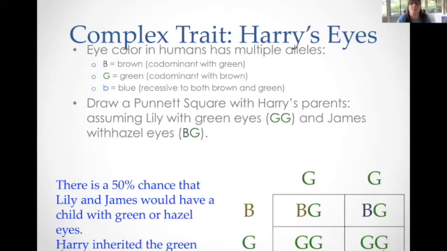So the dad had brown and green eyes, and then the mom has green eyes. So there was a 50% chance that Harry would have hazel eyes and a 50% chance that Harry would have green eyes.